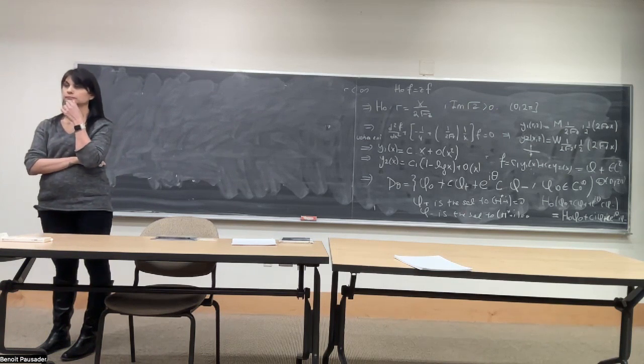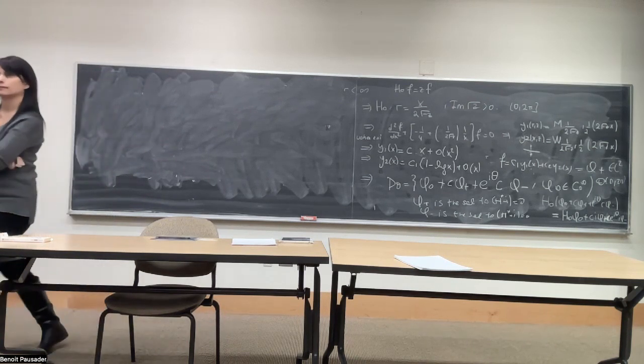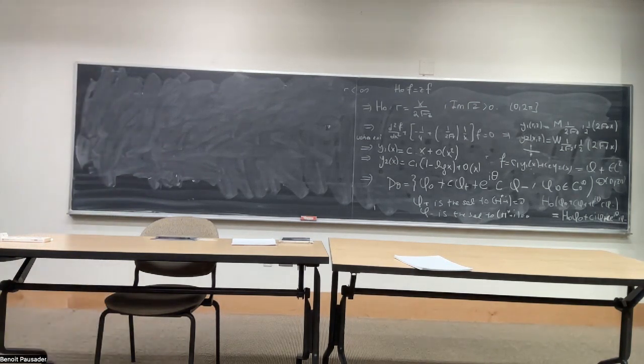So this is a feature of one dimension. This is because we have a one-dimensional kernel of H0 star. But I think deficiency indices are not equal, they are not. They must be equal.